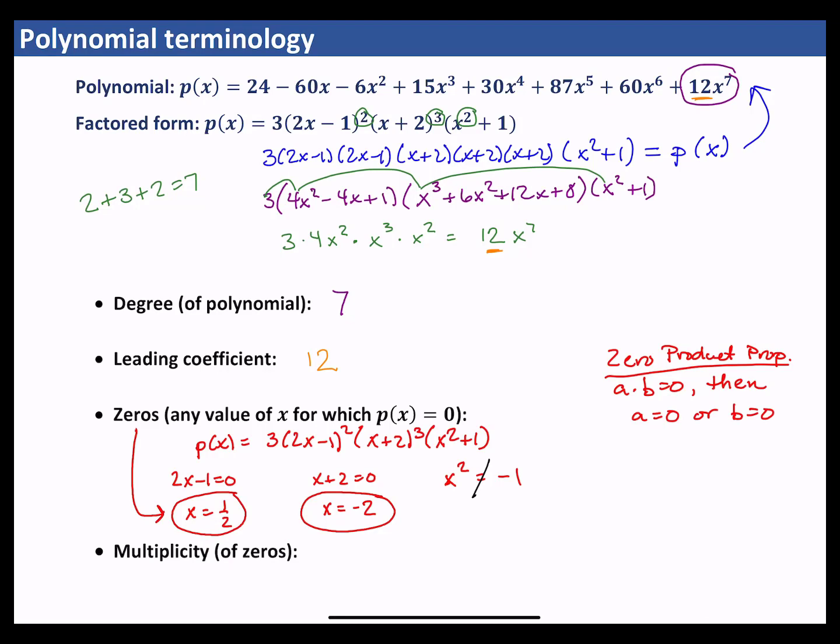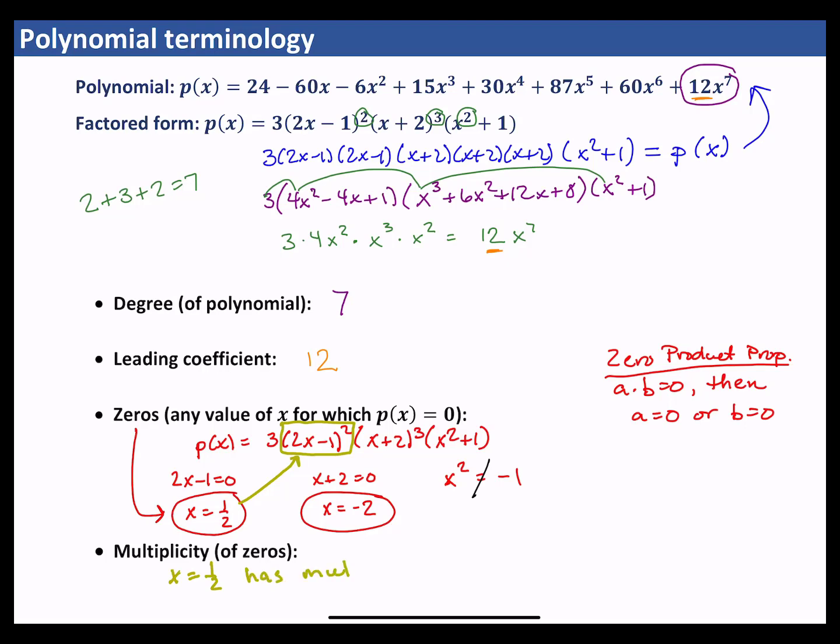Lastly, when a polynomial is in factored form, we can also determine the multiplicity of the zeros. The multiplicity of a zero refers to the number of times its associated factor appears in the polynomial. For example, the zero of x equals 1/2 is associated with the factor 2x minus 1, which was raised to the second power.